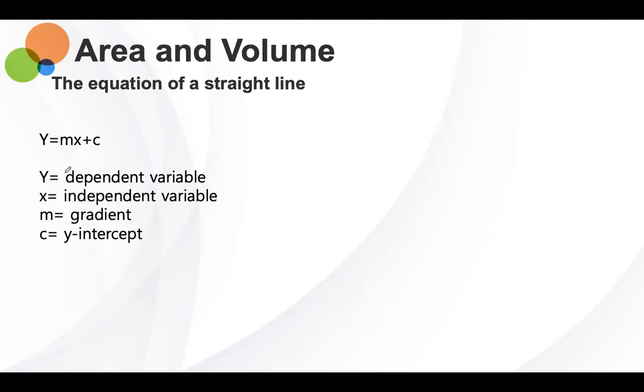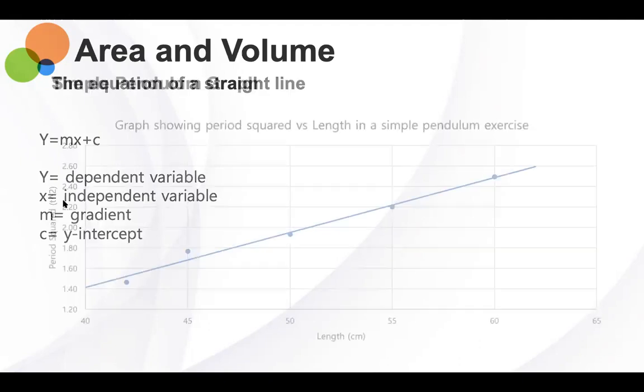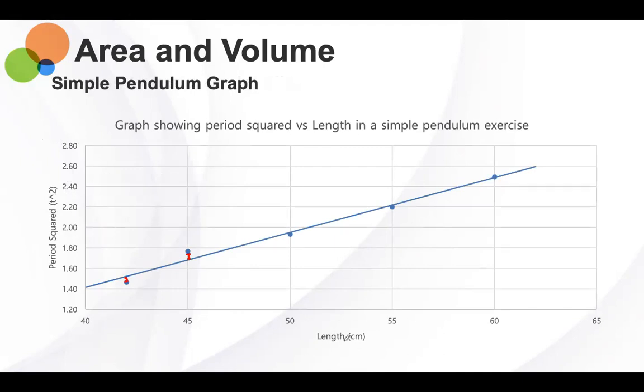Now, what these mean: let's do the x first. The x is our independent variable. This is unaffected. This is what we really change in our experiment, so this is what we alter. We alter the length and we see what happens to the period squared.